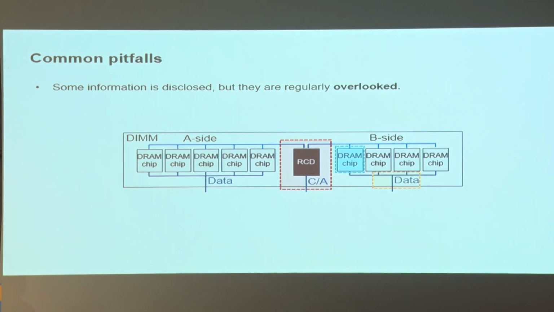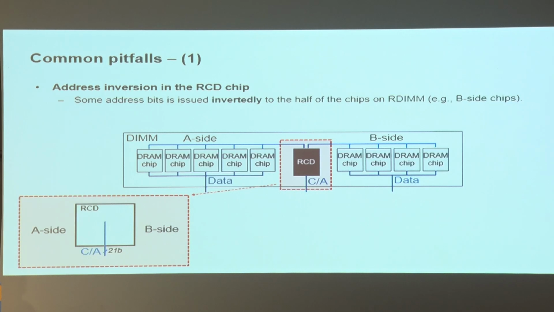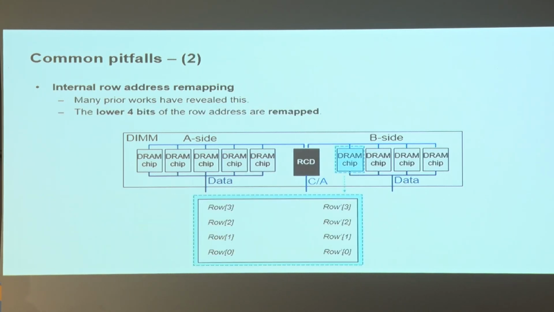There are some remapping schemes for address and data. Some of this information is disclosed, but it's easy to overlook. First, the address can be remapped at the RCD chip. Because of the RCD chip, some chips received an address with some bits inverted. Second, the row address can be remapped internally within the chip.